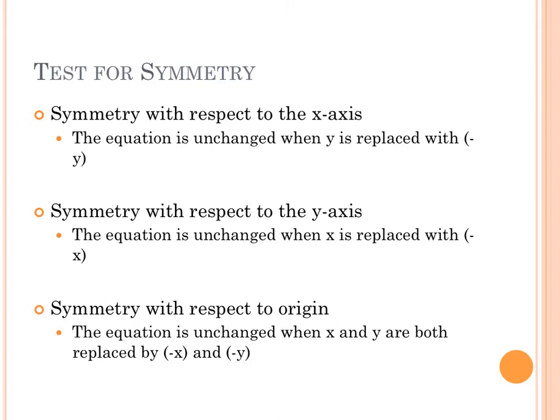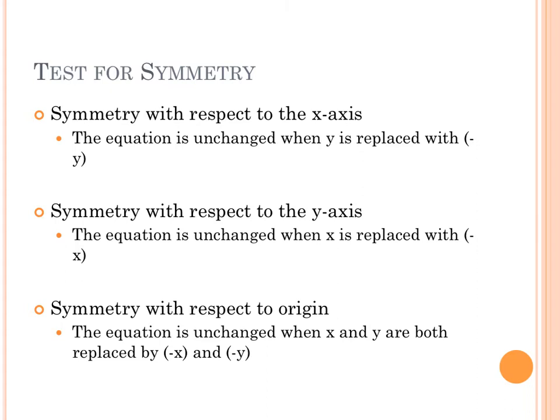So if something is symmetric with respect to the x-axis, this means I can fold it top to bottom and it will overlap like a hamburger. If you're looking at the equation, then the way you find out is if you plug in a negative y, you're going to replace y with a negative y, and then simplify it.